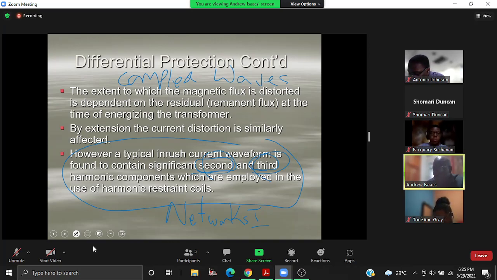So the harmonic restraint coils would detect that it's magnetizing current and would therefore not operate. So that's one. Two, if it's an internal fault, then the presence of the second and third harmonic currents would not be there. And so it would operate.